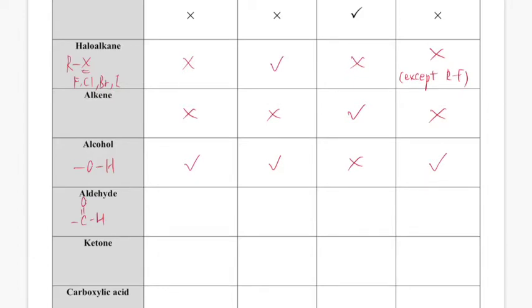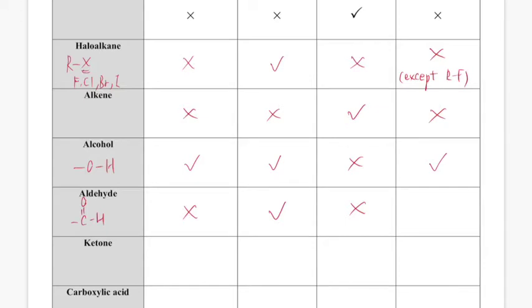Right, so for this oxygen, yes, it has a lone pair on it. However, we don't have any hydrogen that is directly attached to oxygen. So within this molecule itself, it cannot form hydrogen bond. And because of its unsymmetrical structure, it is a polar molecule.